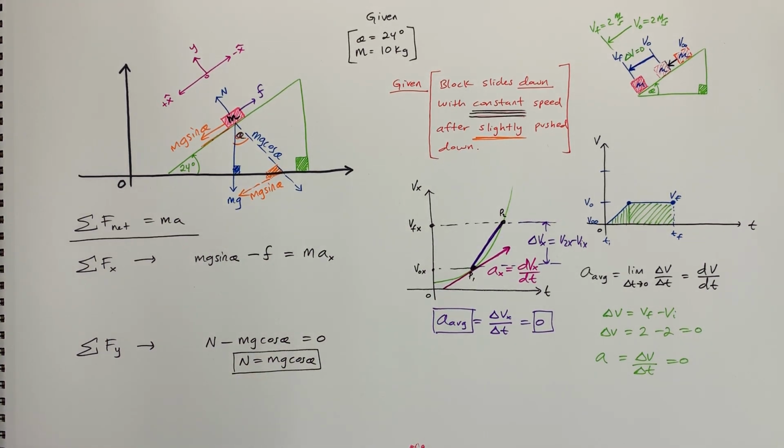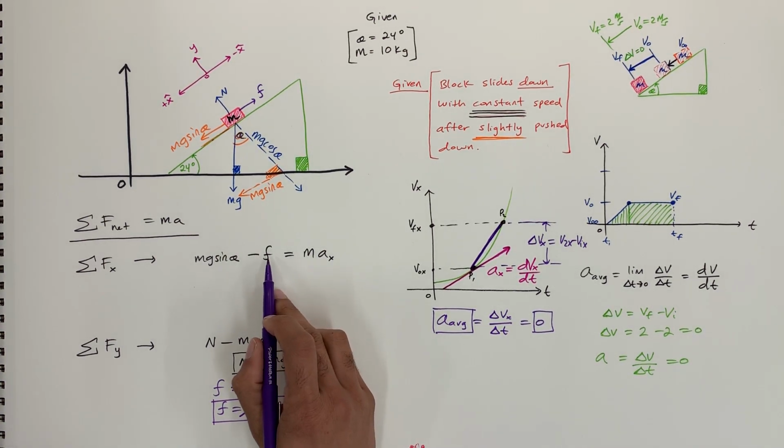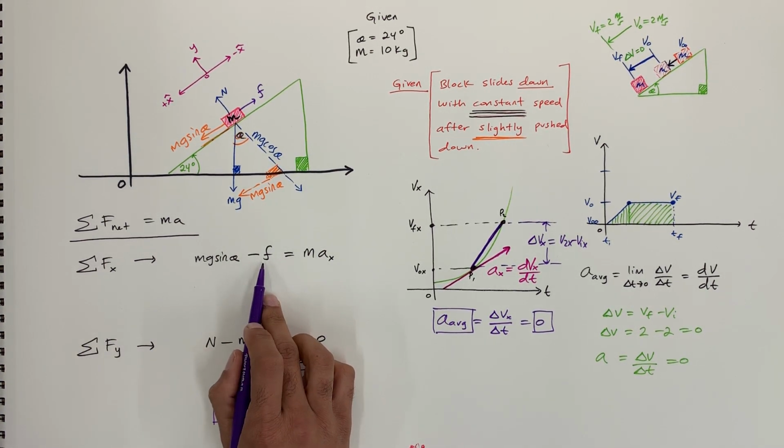And we also need to know that friction is equal to mu, which is the coefficient of friction, times the normal. The normal is mg cosine theta, so our friction is mu mg cosine theta. We use this in our force in the x direction.